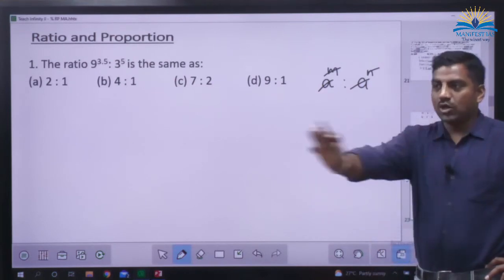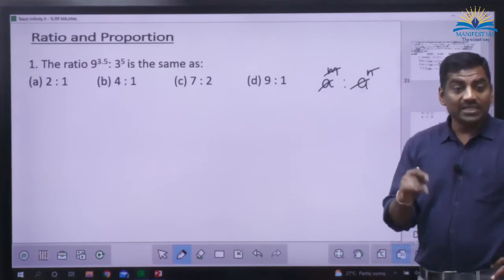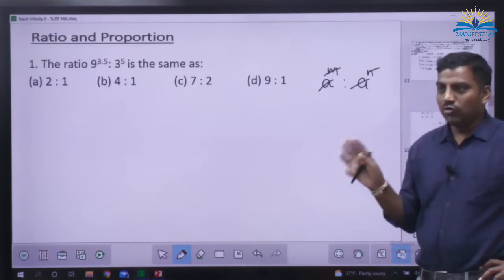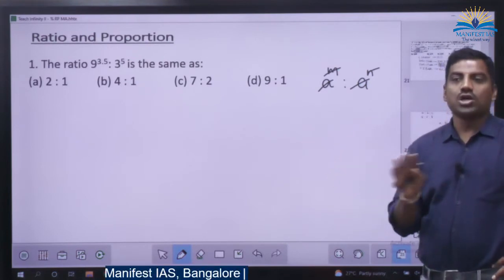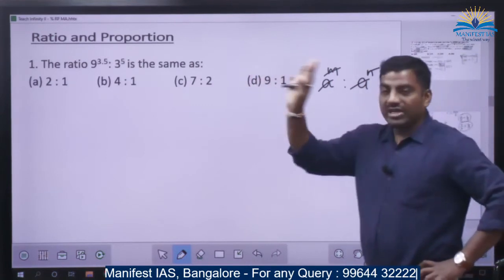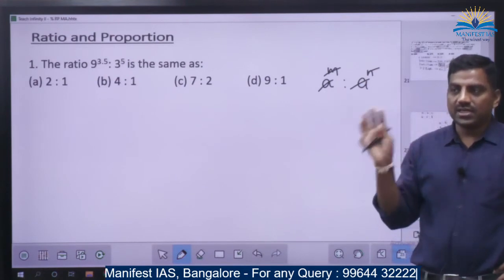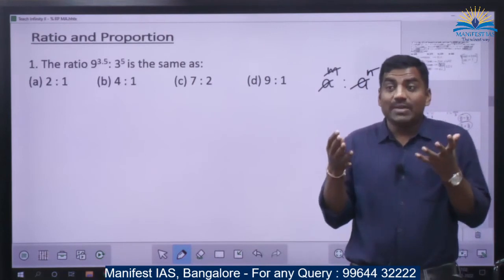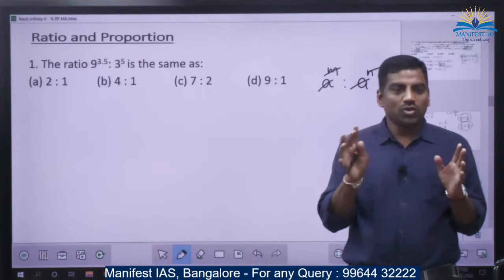Don't do that at all. You will go wrong in that. If I allow it in special cases also, you will take that for granted and you will make a mistake. You should not cancel two bases. You should not cancel two indices. So basically no cancellation should happen when you are writing the surds in the ratio. Though the cancellation is very tempting, it will tempt many a time, but you should not do that.